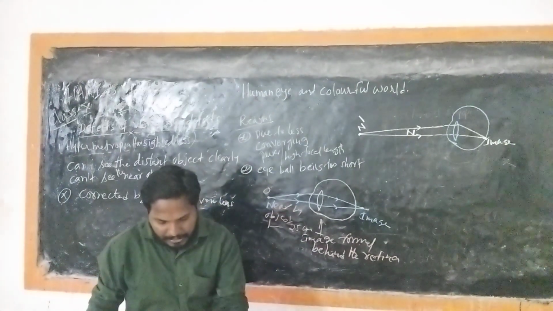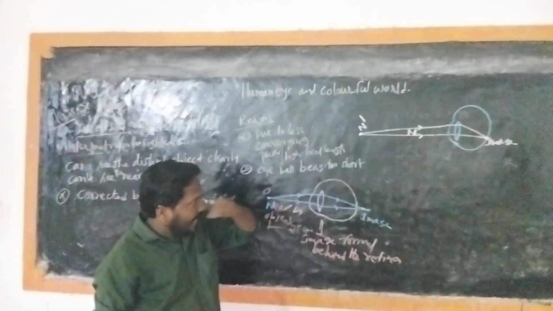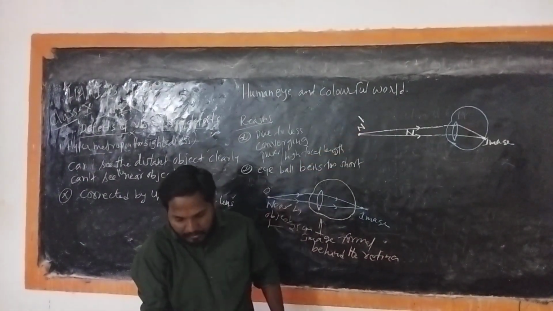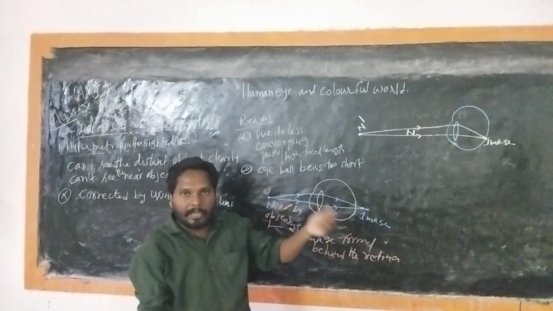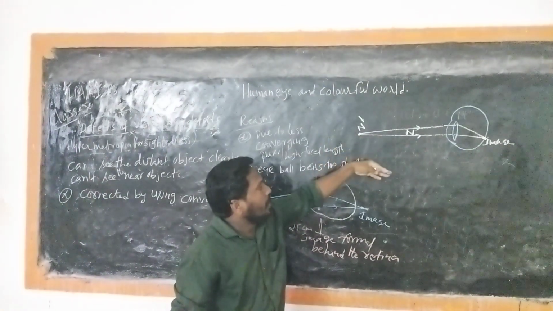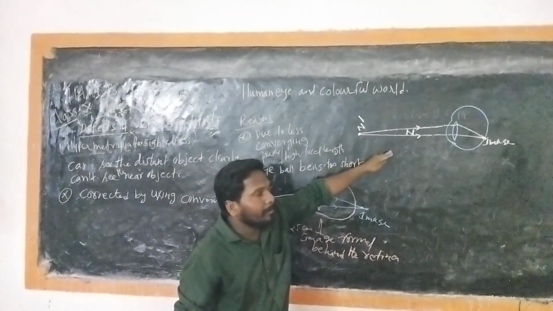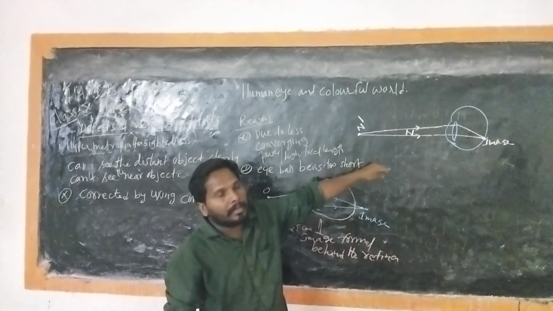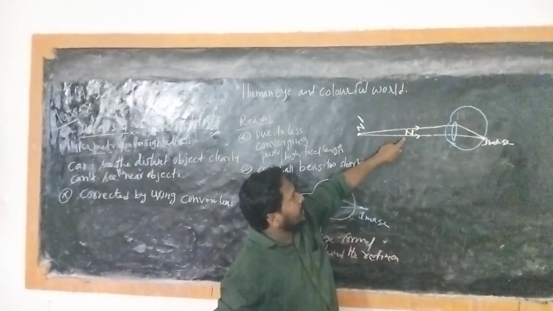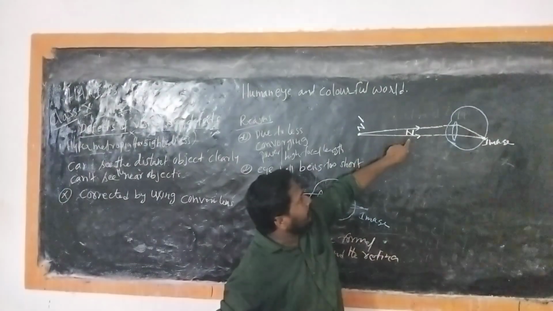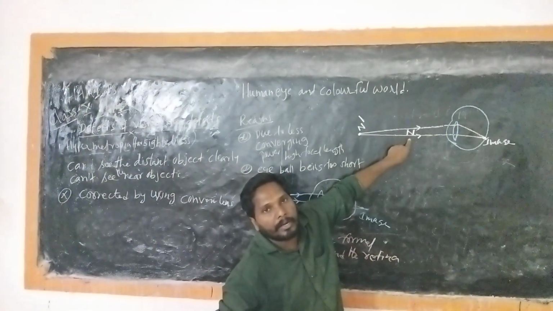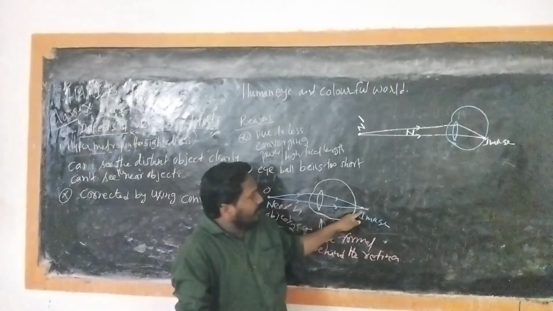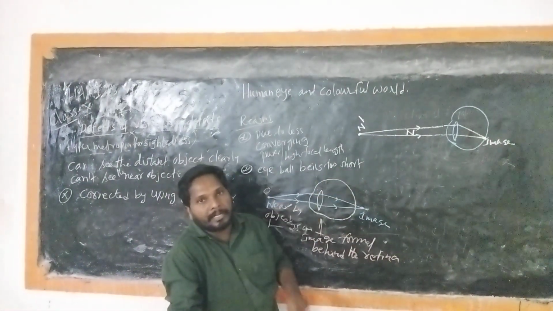So the near point N dash for a hypermetropic eye is farther away from the normal near point N. The person is unable to see the object if it is at the normal near point N, because its image is formed behind the retina.